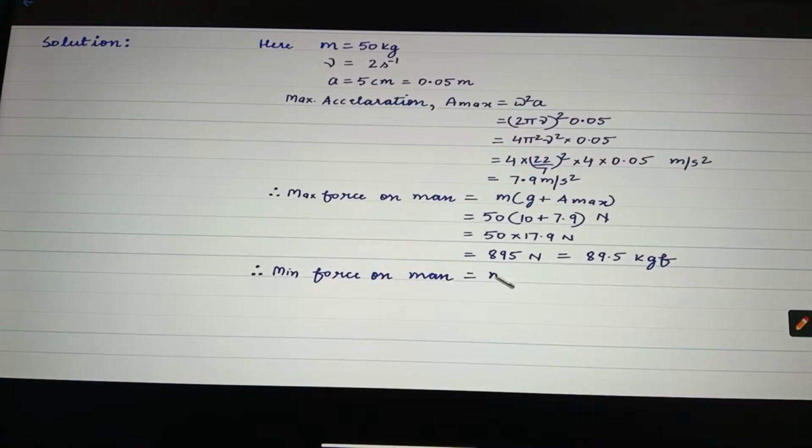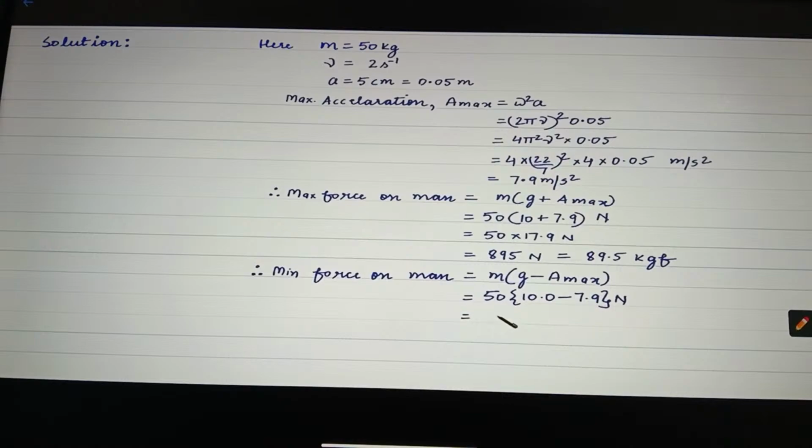Minimum force on the man will be m multiplied by (g minus a max). So that will be equal to, in place of m, we'll write 50 multiplied by (10.0 minus 7.9) newtons.